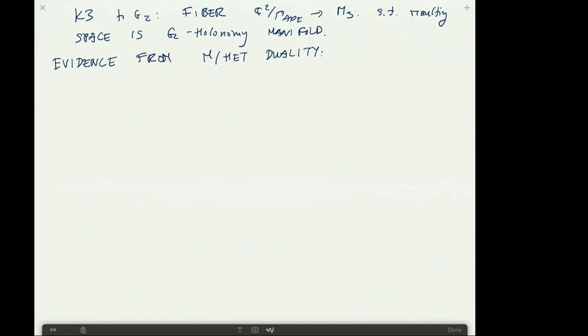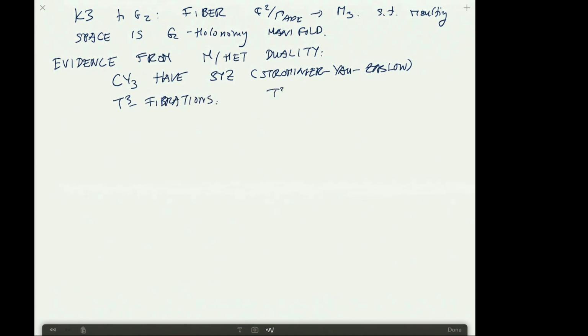So Calabi-Yau threefolds have what are called SYZ, Strominger-Yau-Zaslow, T3 fibrations.